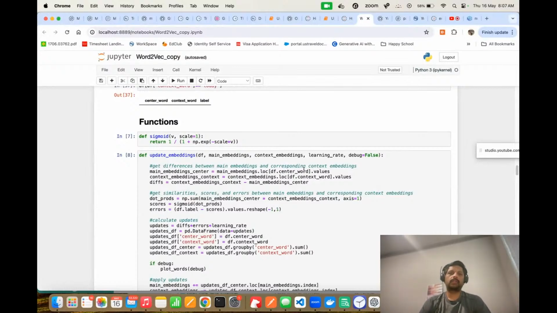Get similarity scores and errors between main embedding and only context embedding. Dot product of these two. Sigmoid of dot product. This is error. Okay. Got it.